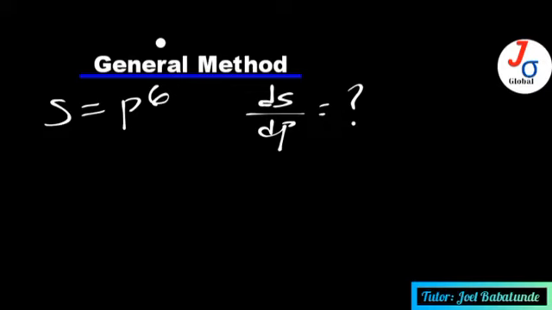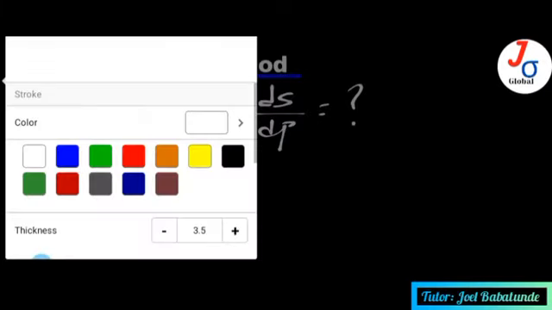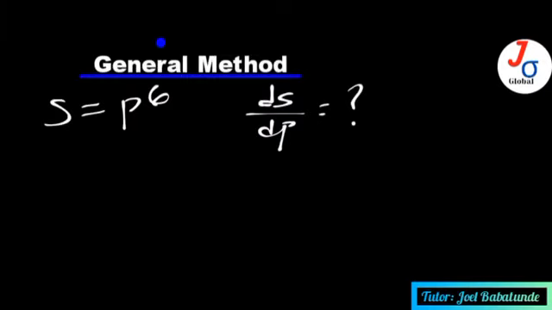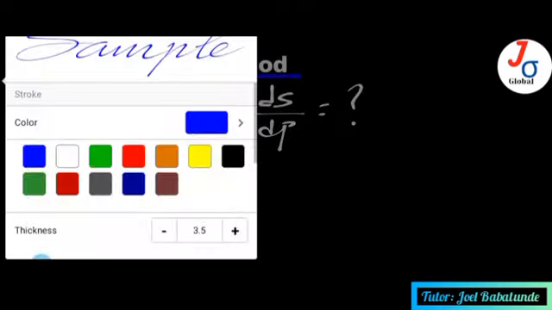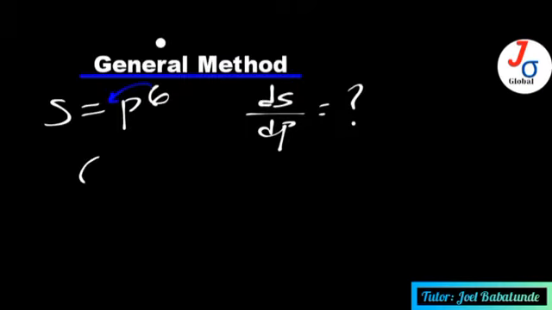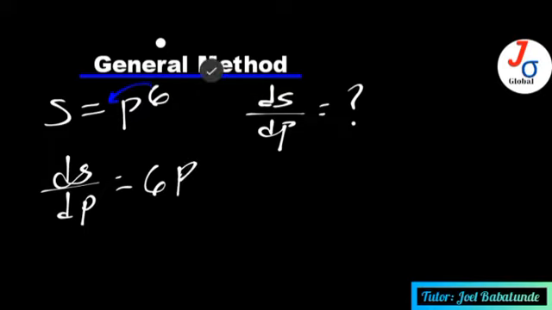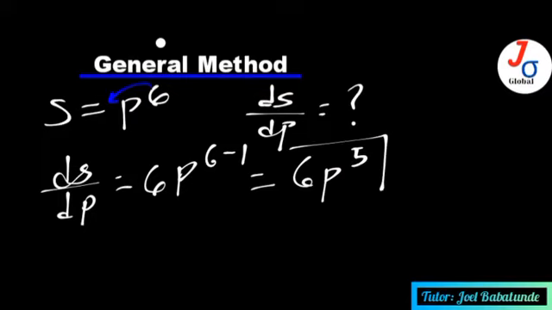This 6 has to come down to become the coefficient, so ds/dp becomes 6, then p, then since you have 6 as the power here, subtract 1 from the power, so you have 6p raised to the power of 5. So this is how to differentiate.